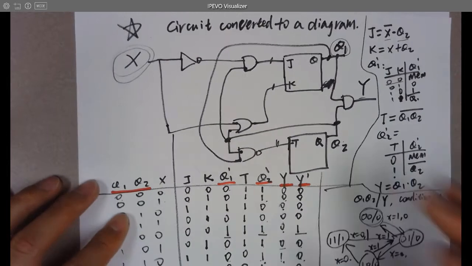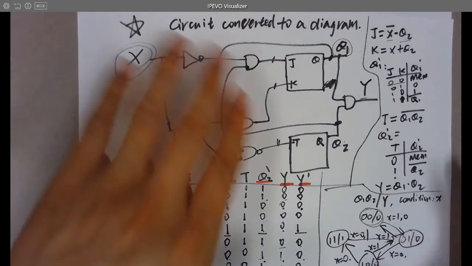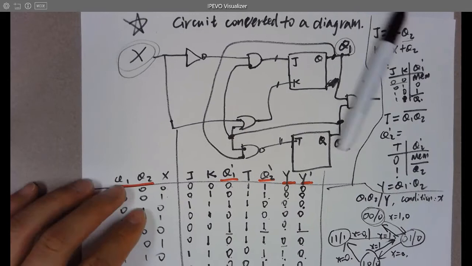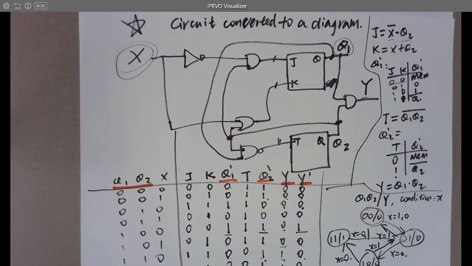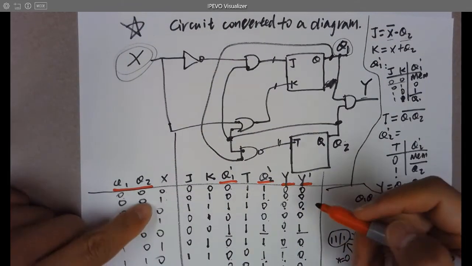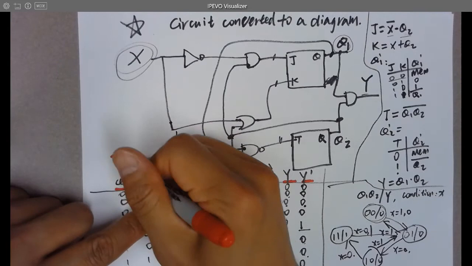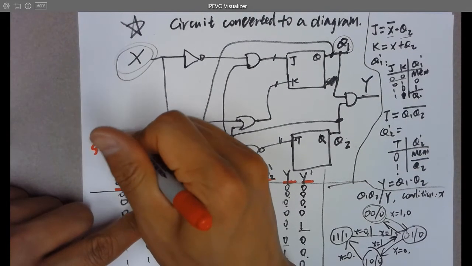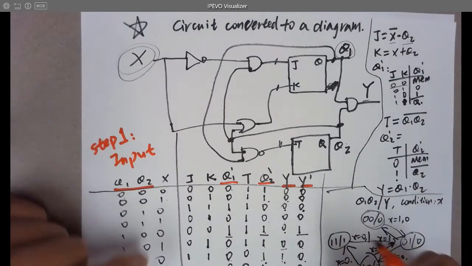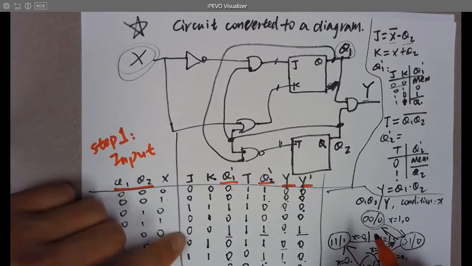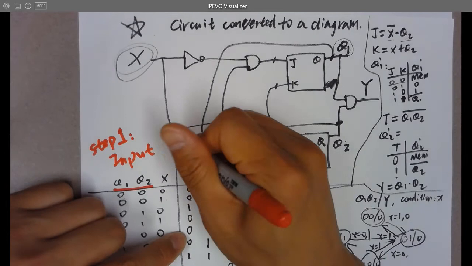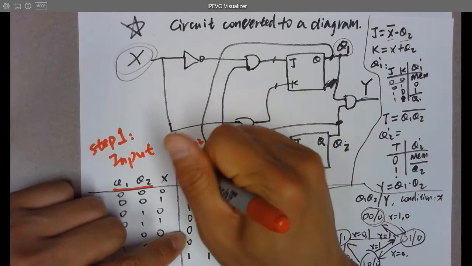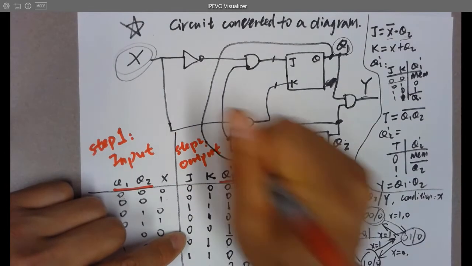So see, in the beginning it's pretty hard, so keep the steps in mind. Once you see a circuit like that, what's the first step? Find out the input. That's step 1. Find the input. And step 2, output. Right?